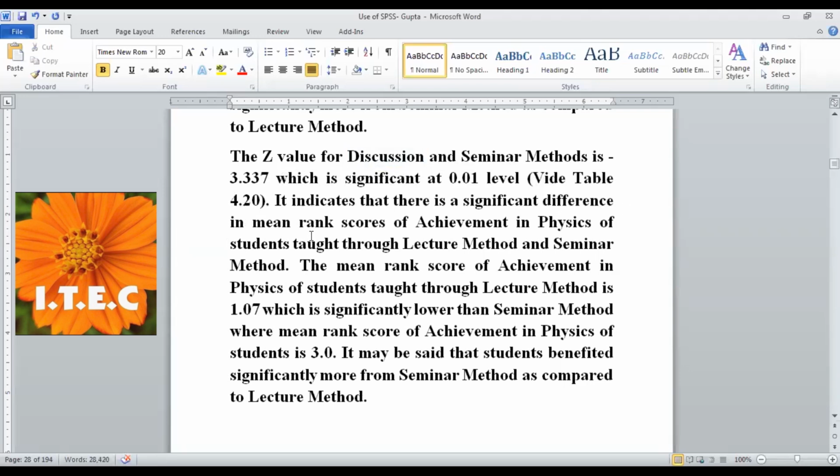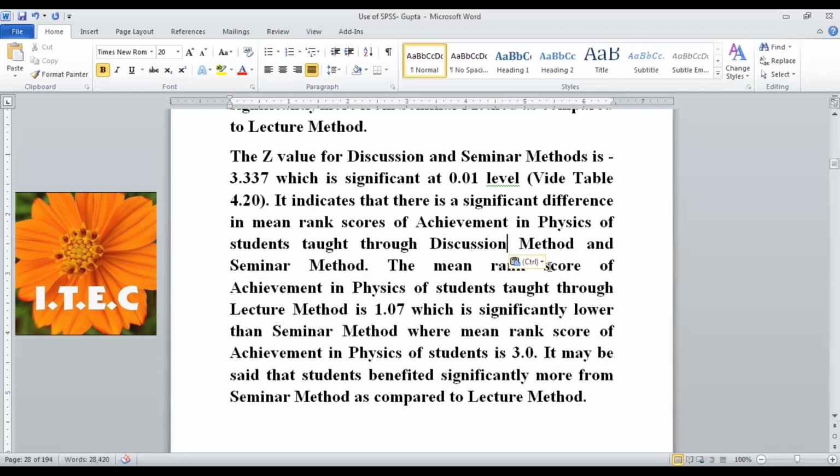It indicates that there is a significant difference in mean rank scores of achievement in physics of students taught through discussion method and the seminar method.